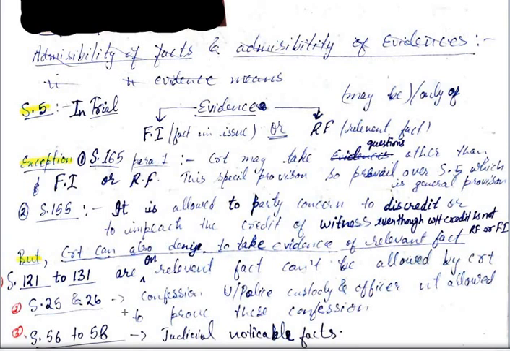Similarly, in the case of vice versa, means if the wife said to husband, then husband is not allowed to be proved, even though it was relevant. What was the logic? The logic behind is that the husband and wife refrain to communicate with each other if their communication is allowed to be proved as evidence in some case.